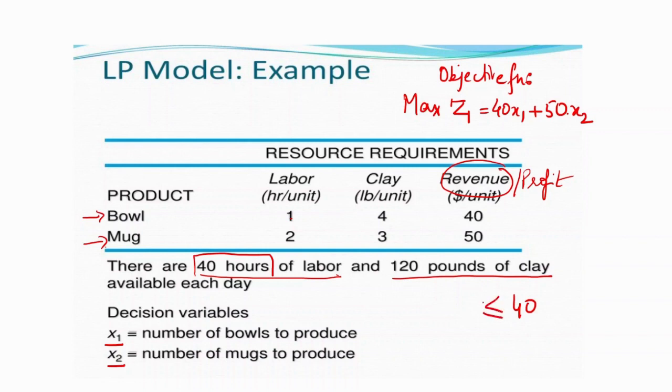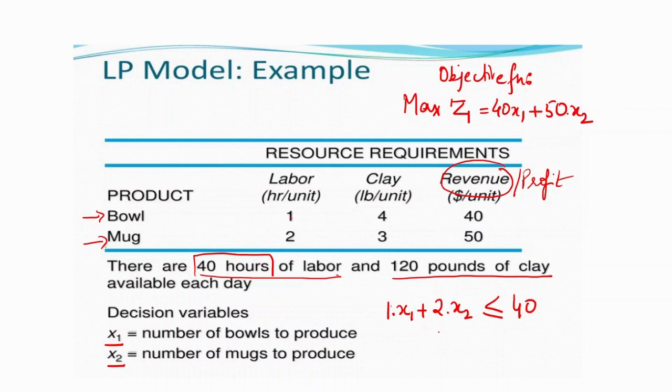On the left hand side, for 1 unit I have 1 hour of labor, so for x1 units it would be 1 times x1, plus for 1 unit of mug I have 2 hours of labor, so for x2 it would be 2 multiplied by x2. This becomes the constraint for the labor.